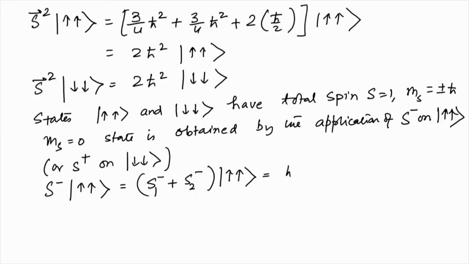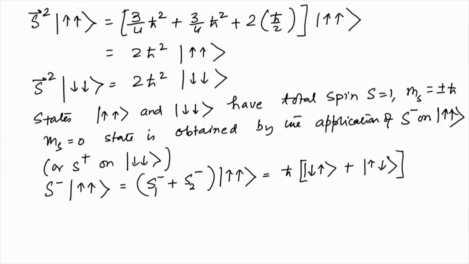S1 will give me an h cross and will give me, sorry, a down up. The first one will lower, so it is a down up plus an up down. S2 will lower the other one, with an eigenvalue given by h cross.